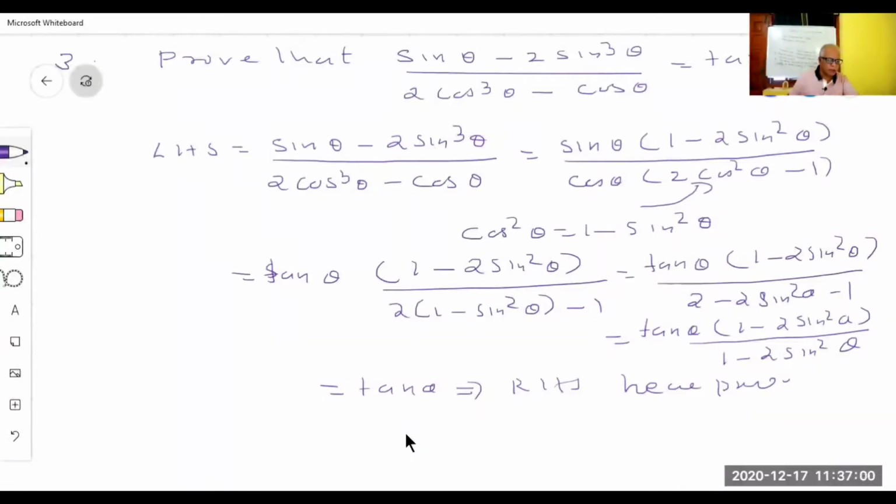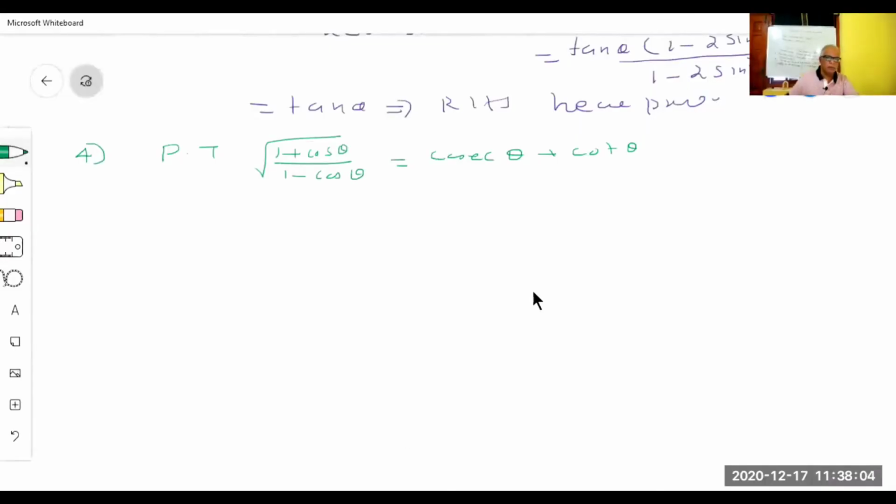If you can't follow it, see, prove that root of 1 plus cos theta divided by 1 minus cos theta. Because 1 plus cos theta can be in so many forms.